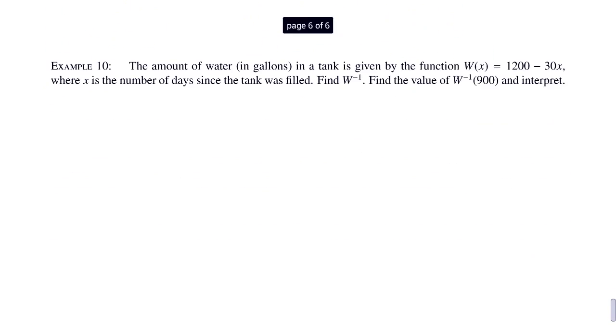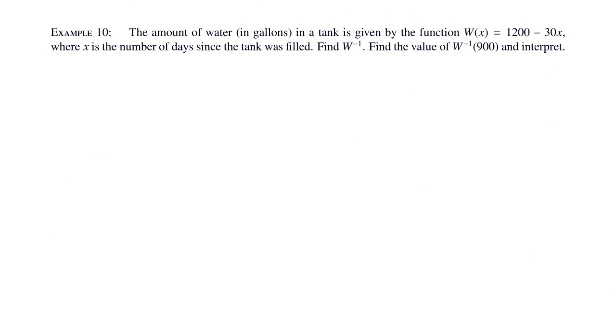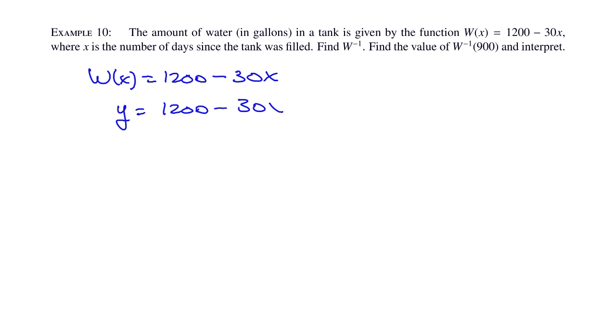All right, example 10. The amount of water in gallons in a tank is given by the function W of x is equal to 1200 minus 30x, where x is the number of days since the tank was filled. Find the inverse of W, find the value of W inverse of 900, and interpret. So we start with the function. It's going to be y is equal to 1200 minus 30x.